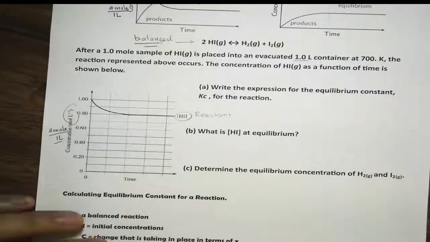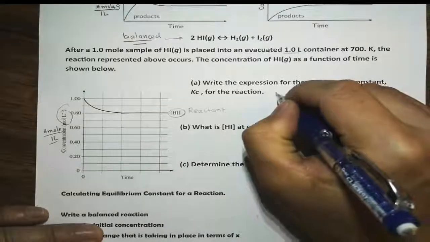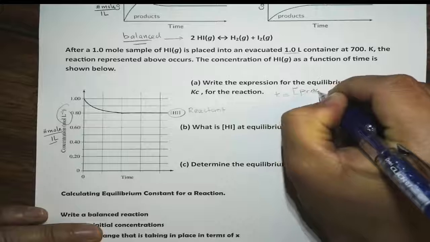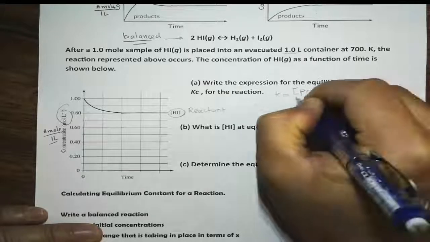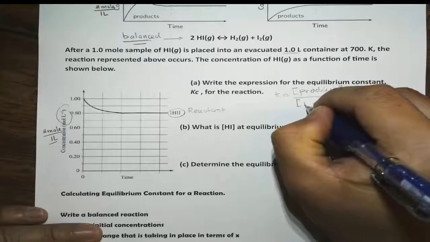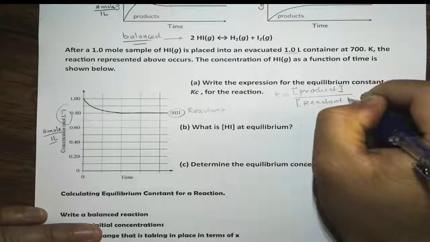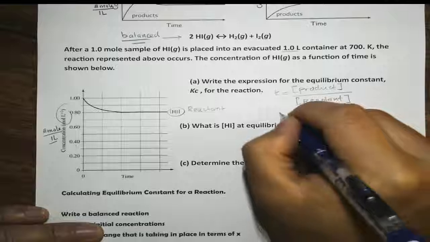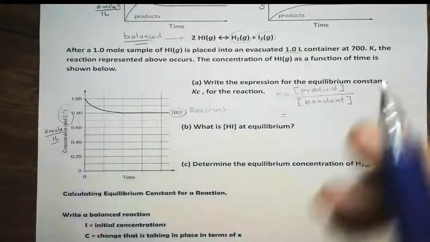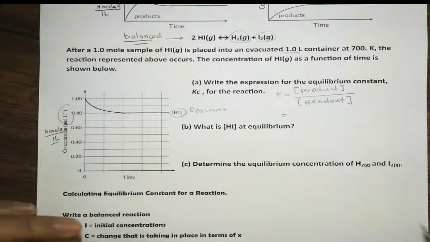That's pretty easy. You just need to realize that K in general terms is always product over reactant. It's more complicated than that, of course, but in general terms, we have these two right here. Those are products. And of course, we always ignore solids and liquids.